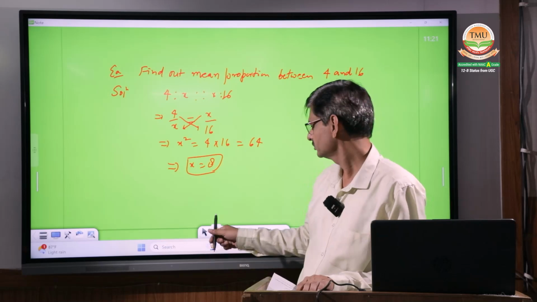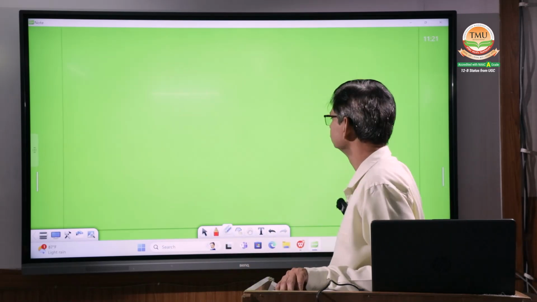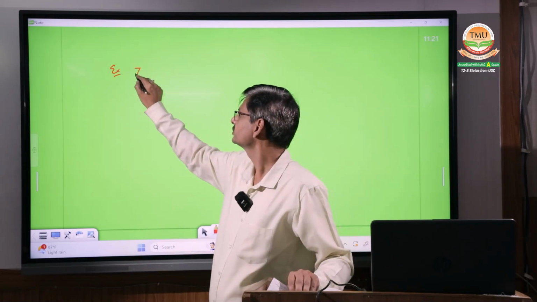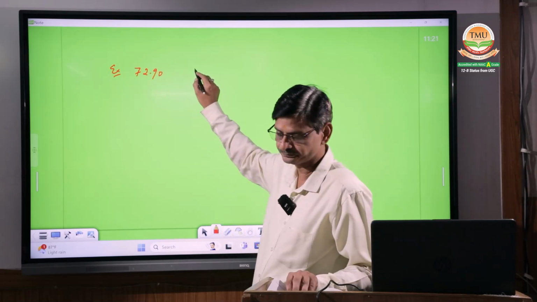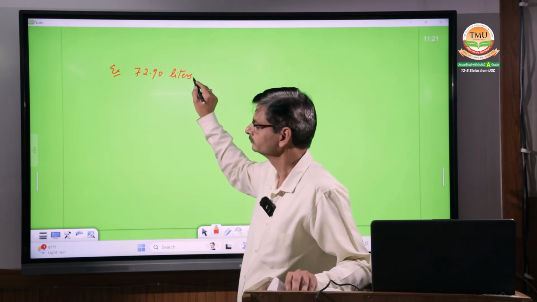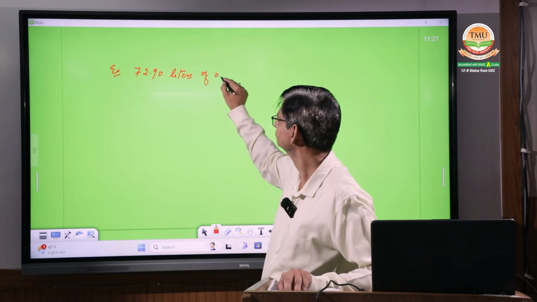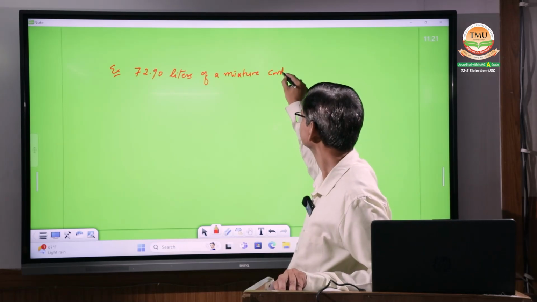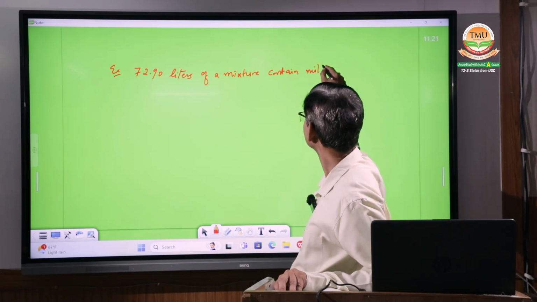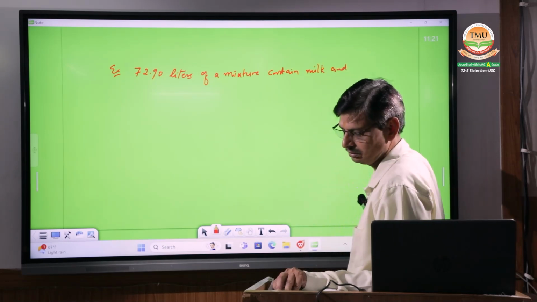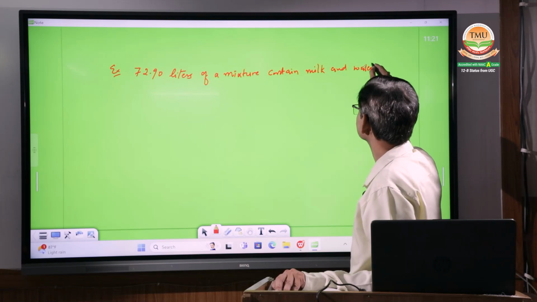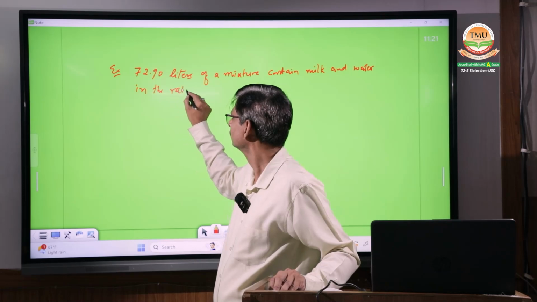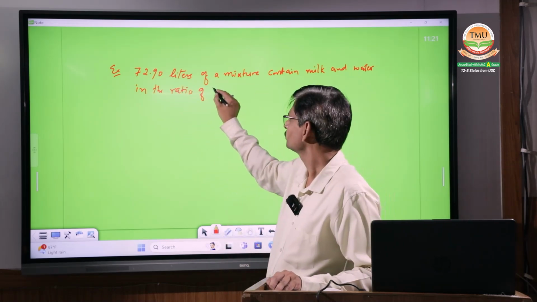Then the next question of this type is: 72.90 liter of a mixture contains milk and water in the ratio of 7:2.